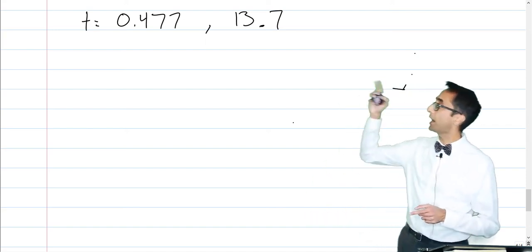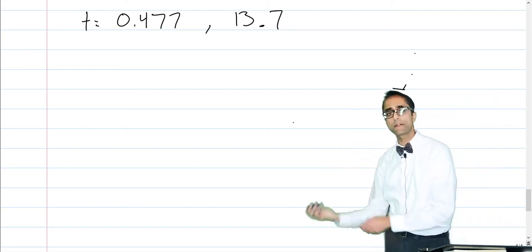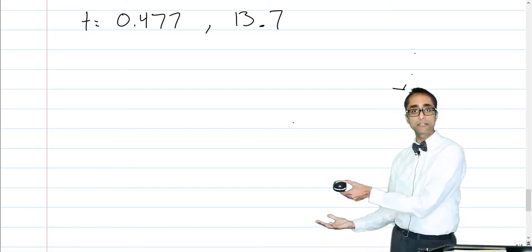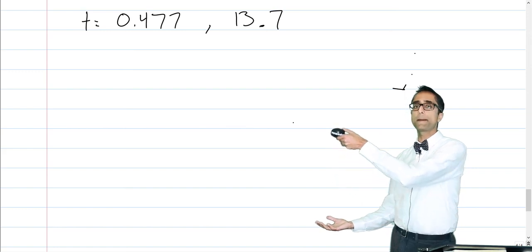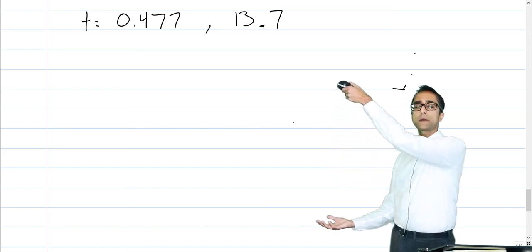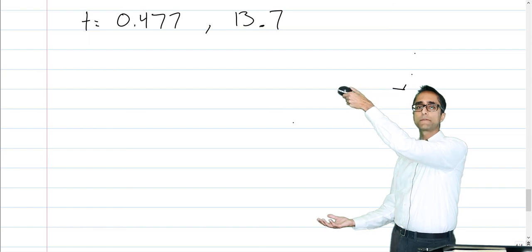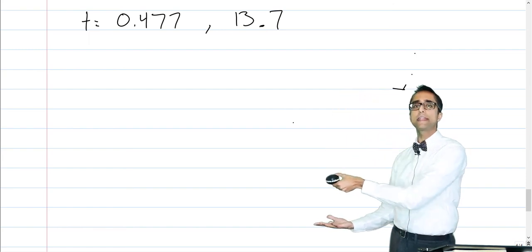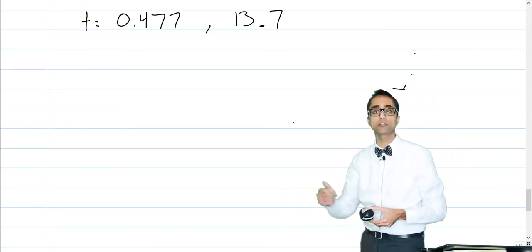What these two times indicate are the following. We've got this cannon and it's launched. It reaches 32 meters here in 0.477 seconds. And it keeps going up, up, up, hits its maximum height of 250 meters above the earth. And then it starts coming down faster, faster, faster. And it hits 32 meters again on its way down.